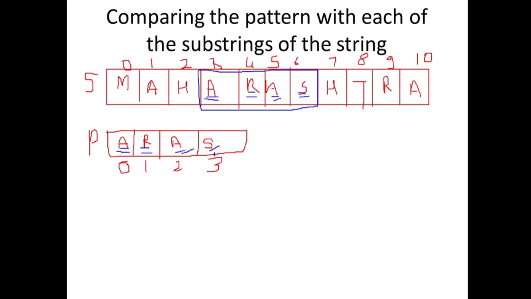Now S and S. These are matching too, so this substring is completely matching with the pattern. So we can say that this pattern is found in the string at index 3. So what would be our output? The pattern is found in the string at index 3.